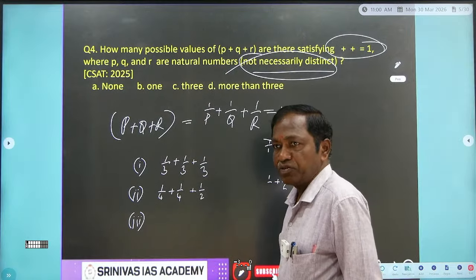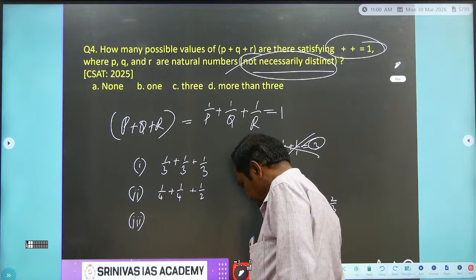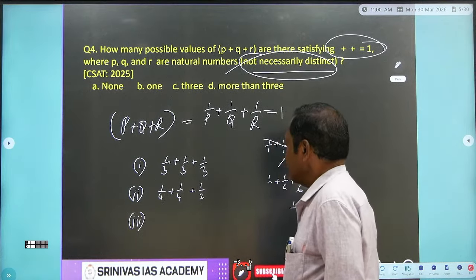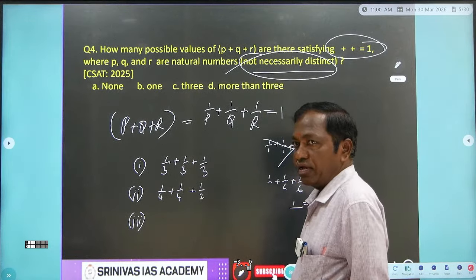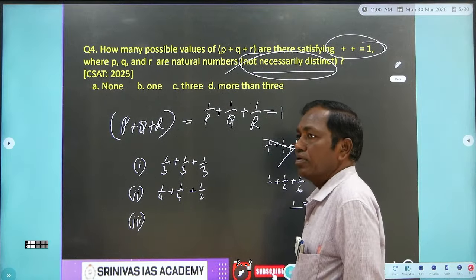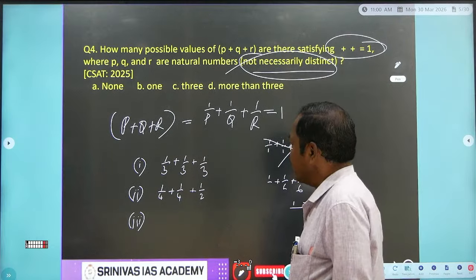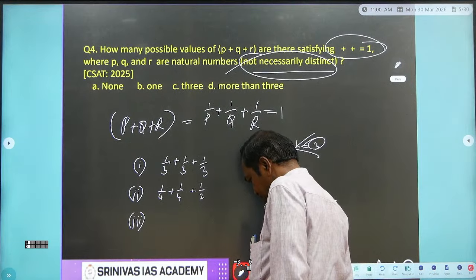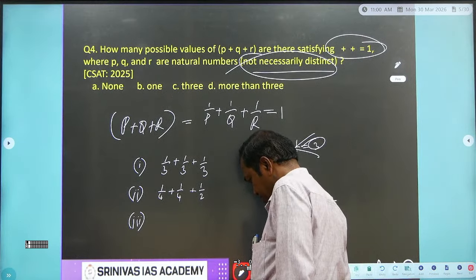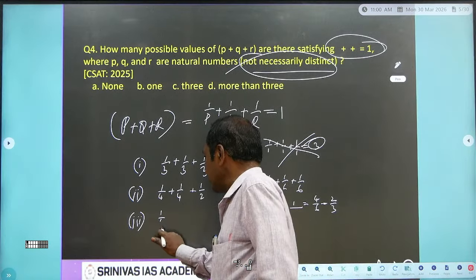One more possibility is possible. 1 by 2 and 1 by 4 we have taken already. 1 by 3, 1 by 6, 1 by 6 is not possible. Next. Sir, 1 by 6 plus 1 by 6.